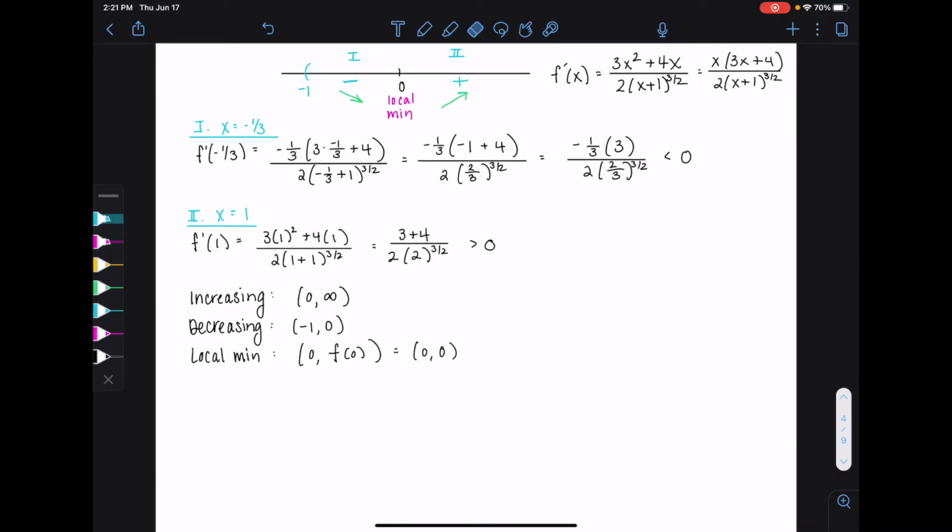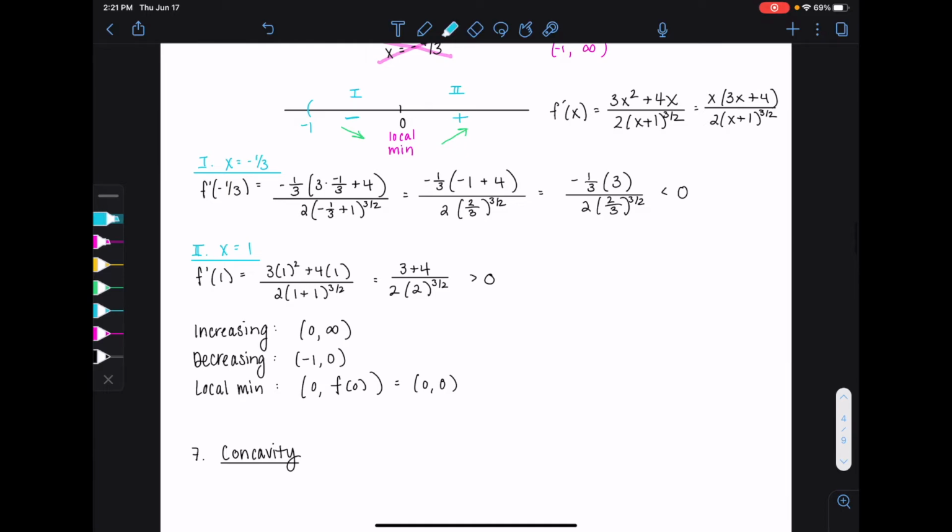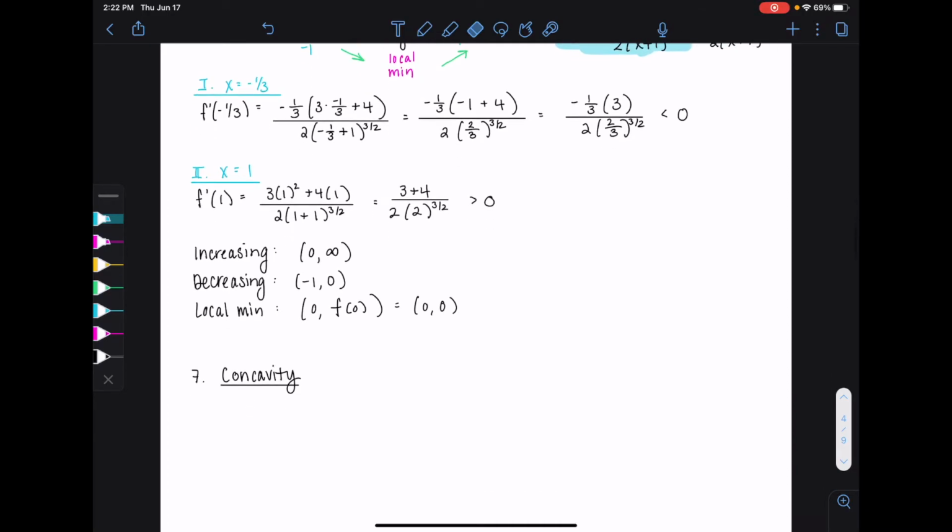Okay. So we are almost ready to graph. We just have concavity left. And so you'd have to take another derivative of this function. You're going to have to go through the same simplification process.